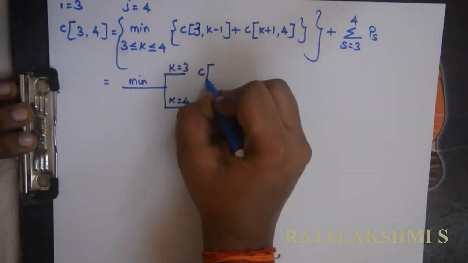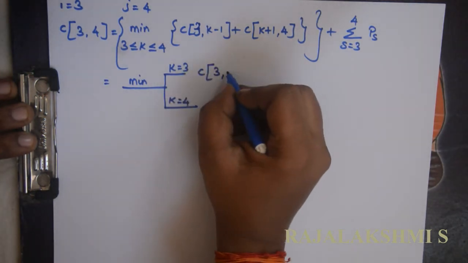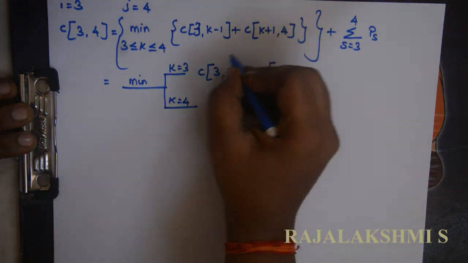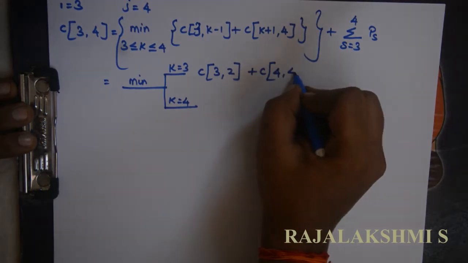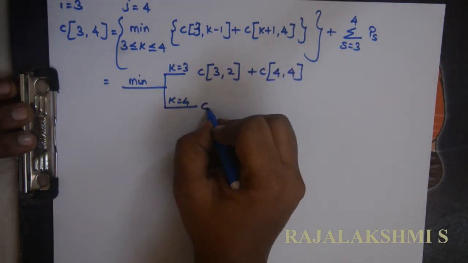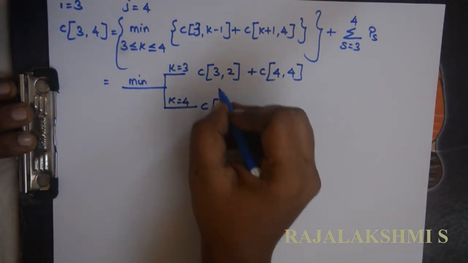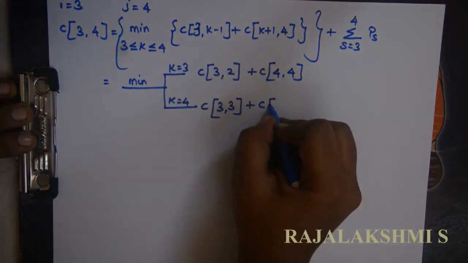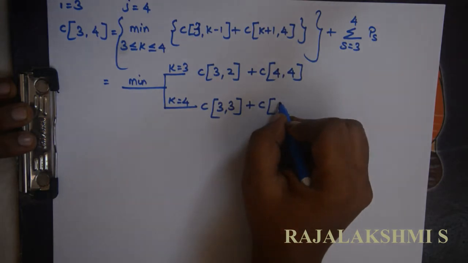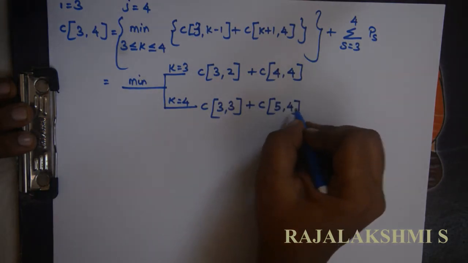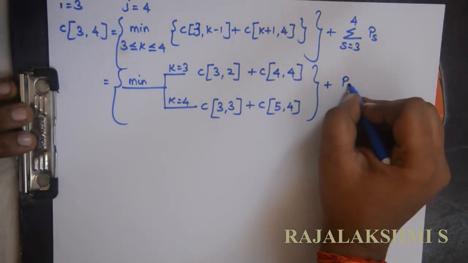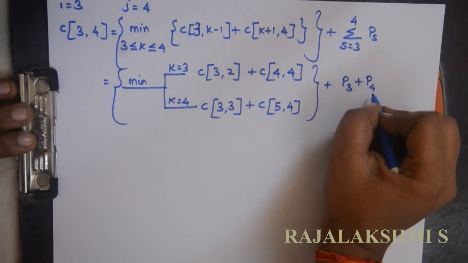So it is C of 3 comma k minus 1, so 3 minus 1 is 2, plus C of k plus 1, so it is 4 comma 4. And here it is C of 3 comma k minus 1, so 4 minus 1 is 3, plus C of k plus 1, so it is 4 plus 1, which is 5 comma 4, plus P3 plus P4.